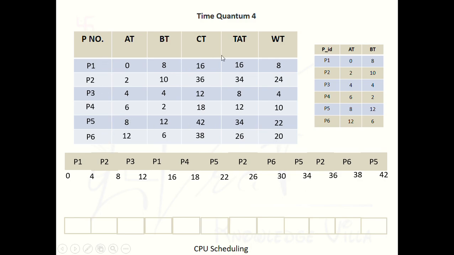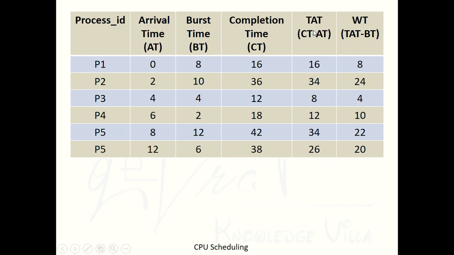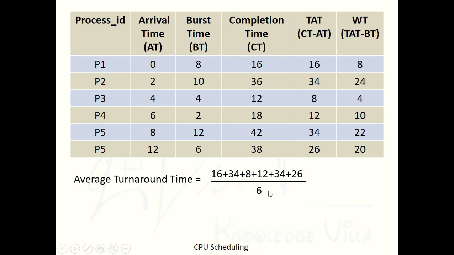Now we require the average turnaround time and average waiting time. For the average turnaround time, we make the summation of all these values: 16 plus 34 plus 8 plus 12 plus 34 plus 26. So we get 130, and we divide 130 by the number of processes, P1, P2, P3, P4, P5 and P6. Here there is a print mistake, you have to consider P6. So 130 divided by 6 gives 21.66 time units, which is the average turnaround time.